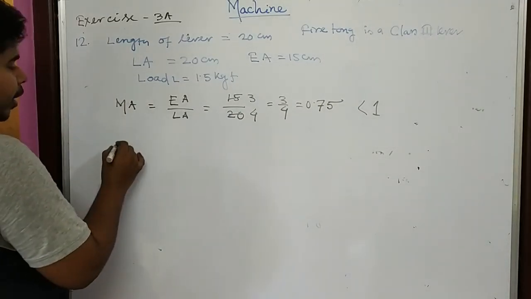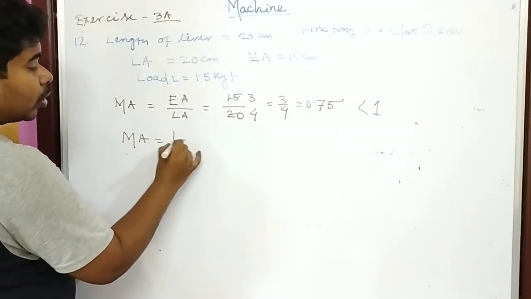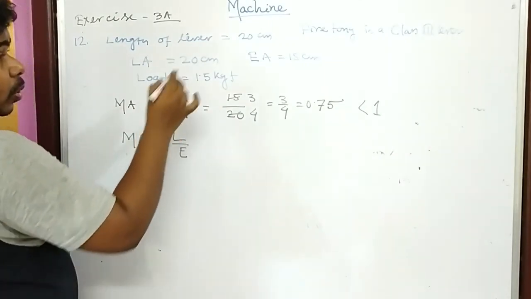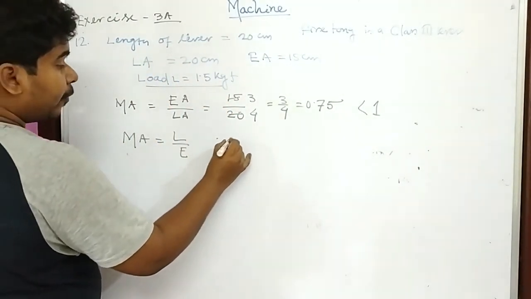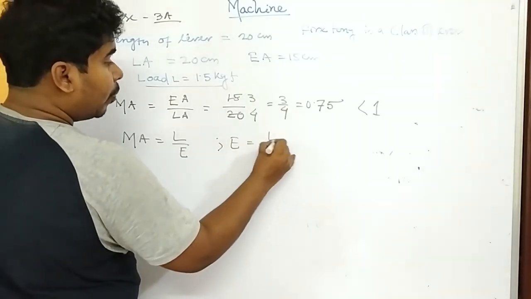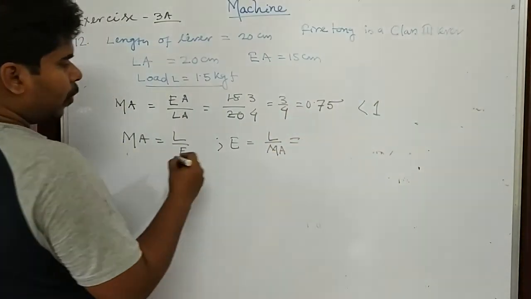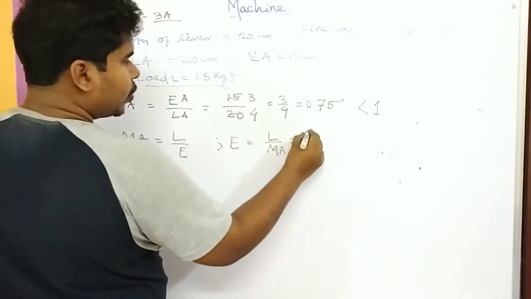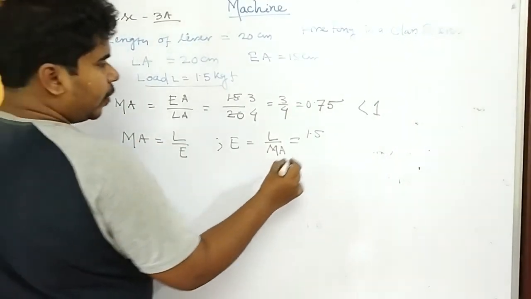Then we'll find the effort. We know mechanical advantage is equal to load by effort also. Load is given to you. You have to find the effort. Effort equals load by mechanical advantage. What is the value of load? The value of load is 1.5. What is the value of mechanical advantage?